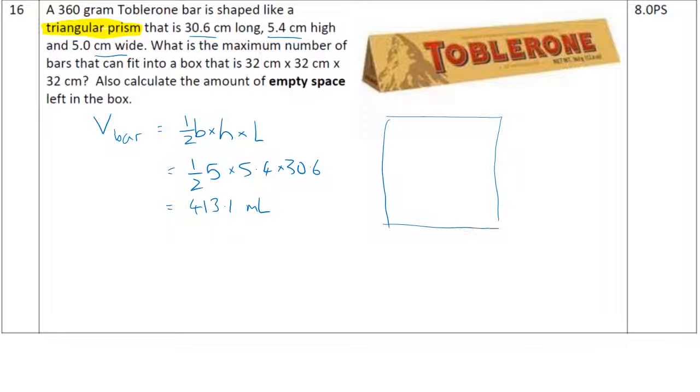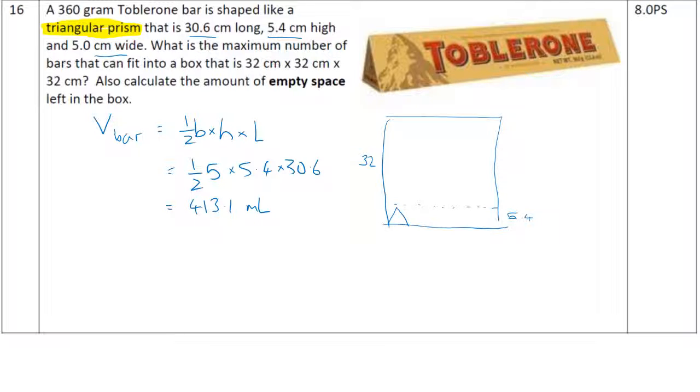Now we're looking side on at the bars, and I know that the first bar at the bottom is going to be sitting something like that. One thing I know is that these bars are 5.4 high. I've got a total height of 32 on the box, so all I've got to think about is how many times does 5.4 go into 32.